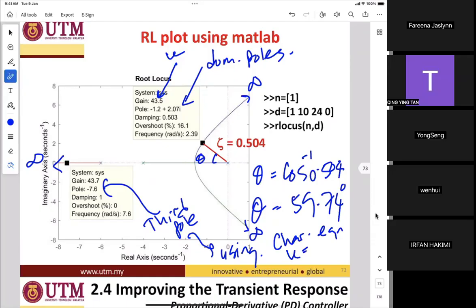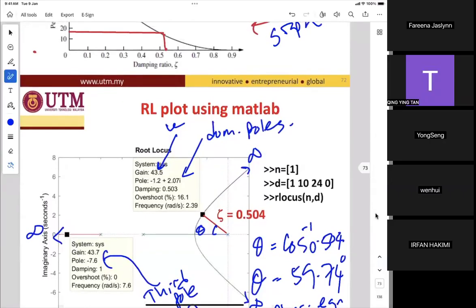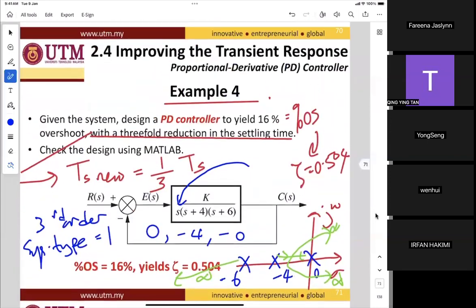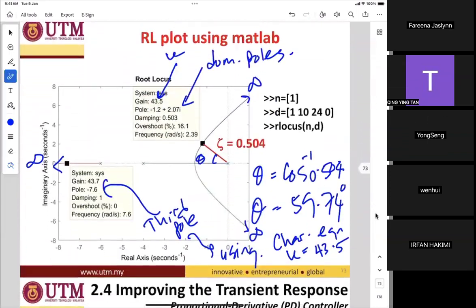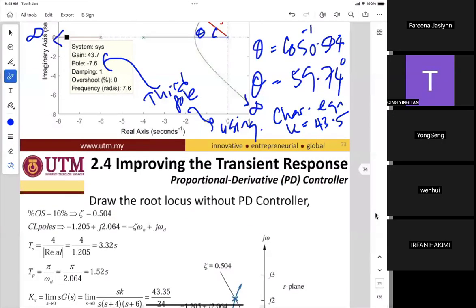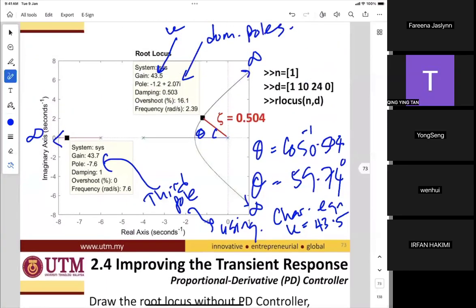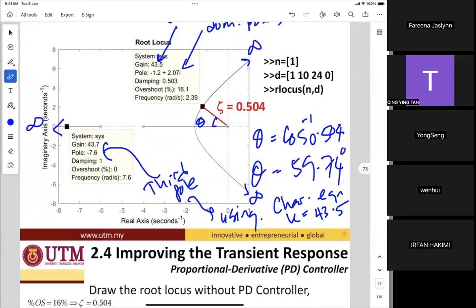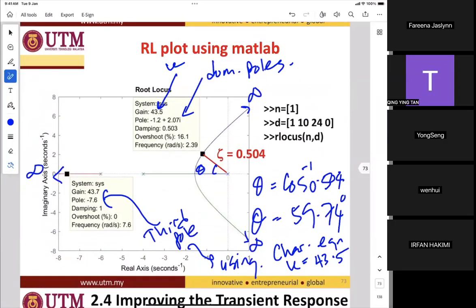The characteristic equation with the gain value 43.5. What is the characteristic equation for the system?